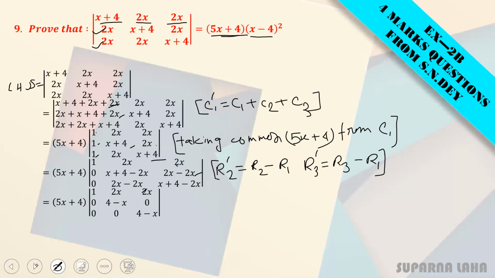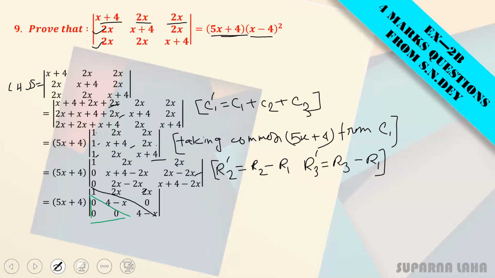Look at that: below the diagonal, all the elements are 0. So this is the determinant of a triangular matrix, and in the previous class we told you there is a property that if a triangular matrix is given, its determinant value is just the product of its diagonal elements.